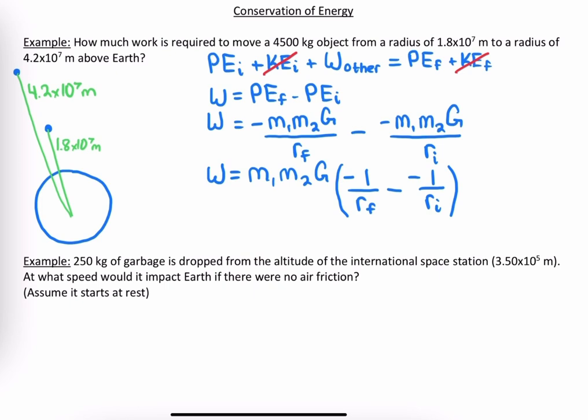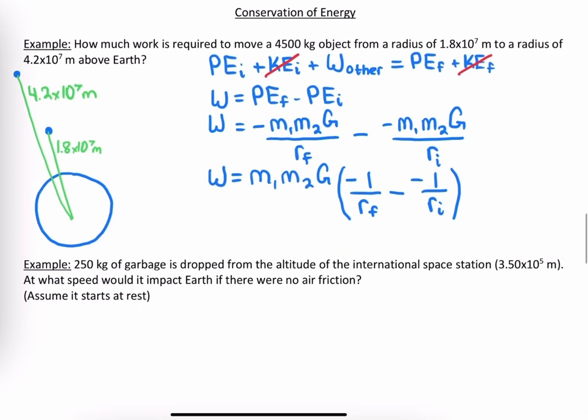But at this point, I think I can just plug some numbers in. So work equals M1, which is 4,500. M2, mass of Earth, 5.97 times 10 to the 24.